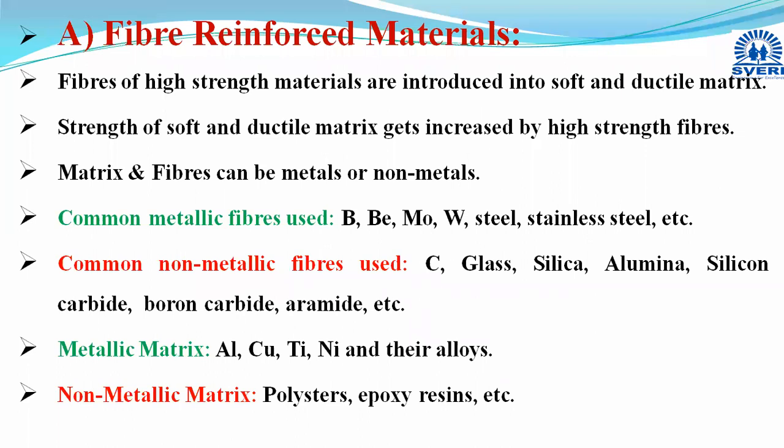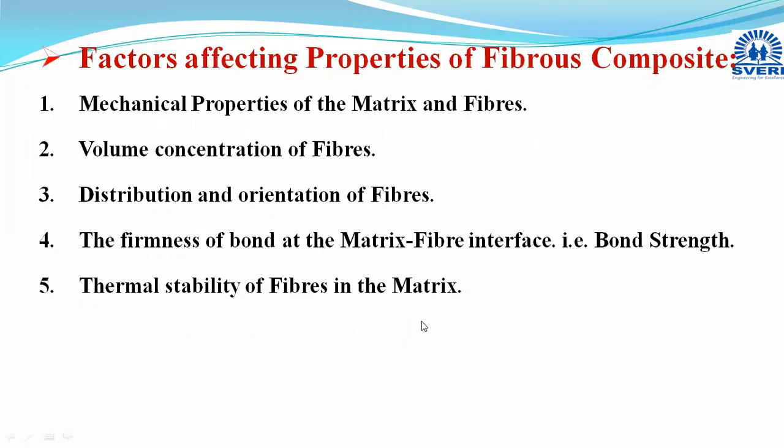Now, related to the properties of these fibrous composite materials, their properties are very much dependent on the matrix element and fiber element. These are the factors I have highlighted here. These factors will affect the properties of fibrous composites, or fiber reinforced composite material.